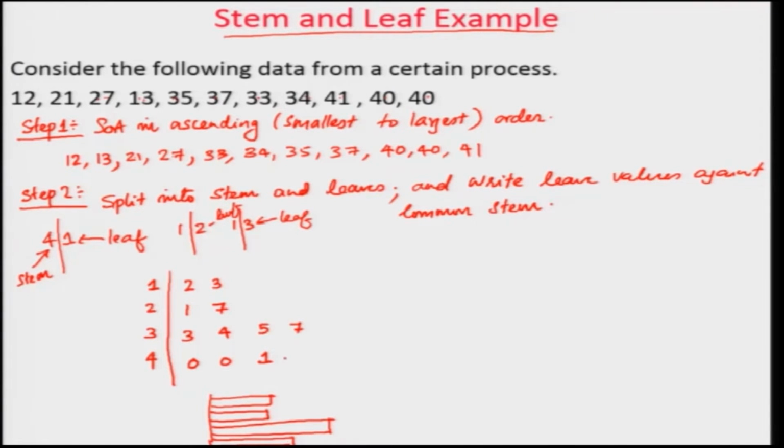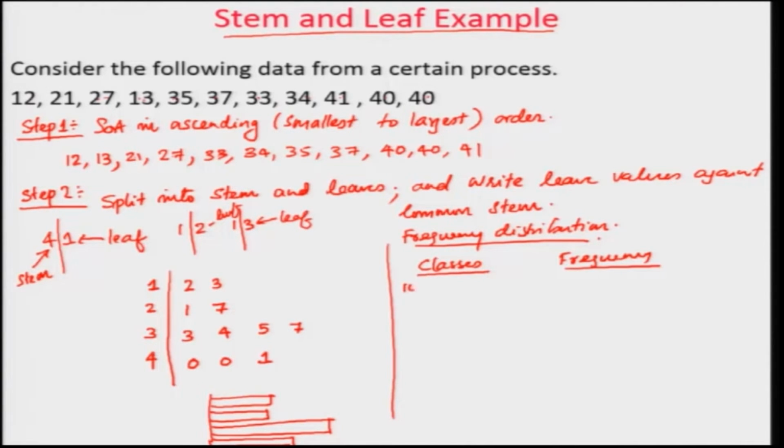Exactly the histogram is what you end up seeing right here. If you have to do a frequency distribution, I am going to take 4 classes, 10 to 40. So, I will write classes and frequency.